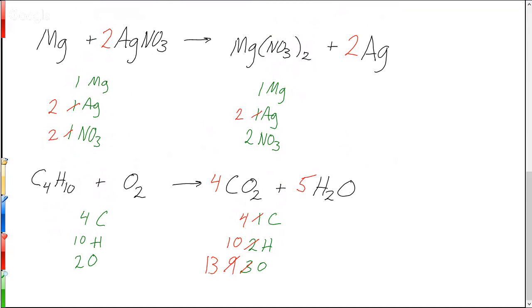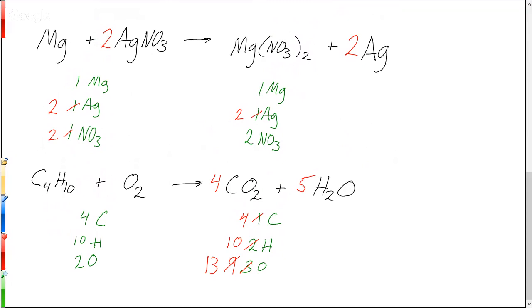So carbons are in balance, hydrogens are in balance. Oxygens are not. What do we need to put on the left to make it add to 13? 8 plus 5? There are 2 O's in each CO2, and there's 4 molecules, so that's 8 total O's.